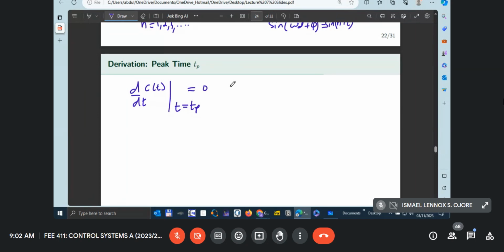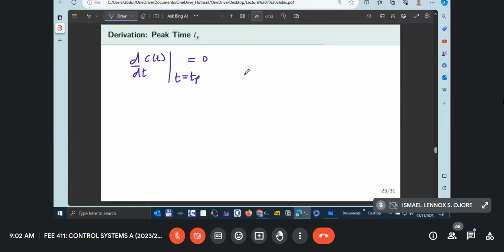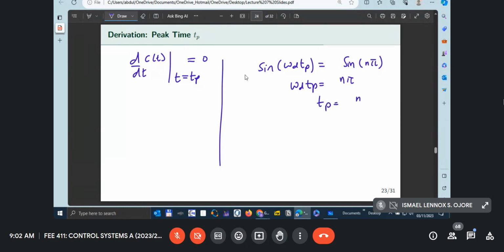I don't want to do this, but you can get it from the notes. You'll end up with something like sine(omega_d t_p) equal to 0, so t_p is equal to n pi over omega_d. But for our case, t_p is the first overshoot, so it means n is equal to 1.